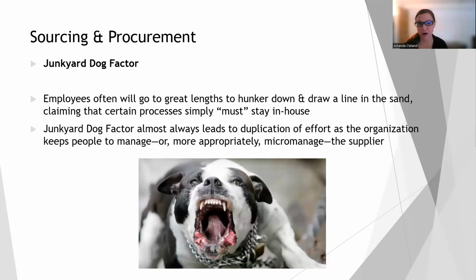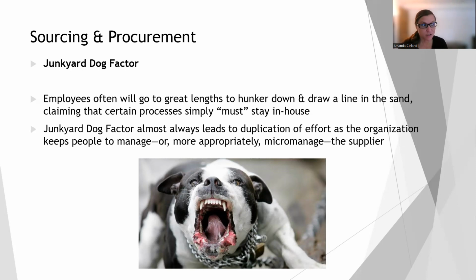Employees who are on the chopping block will often go to very great lengths to protect their job, their well-being. They're going to hunker down, draw that line in the sand, claiming that certain processes must stay in-house. A lot of times it leads to duplication of effort, as the organization tries to micromanage the supplier to ensure that it's being done right, when in actuality, this person is just trying to save their job.